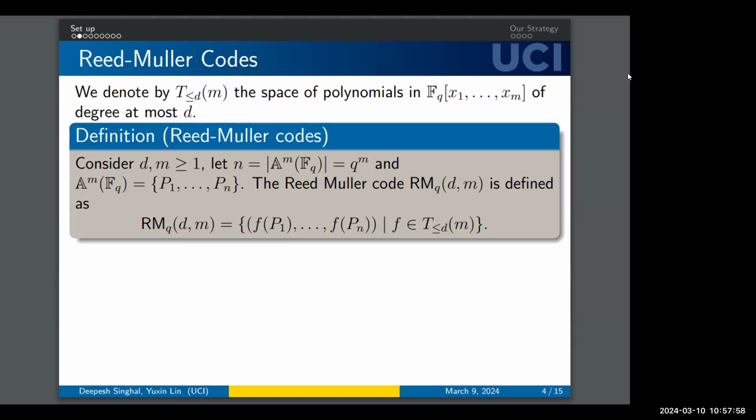In order to get the Reed-Muller code, we simply evaluate each polynomial at all the points in our affine space. So there's a code of length n, and each coordinate corresponds to one of the points in the affine space.